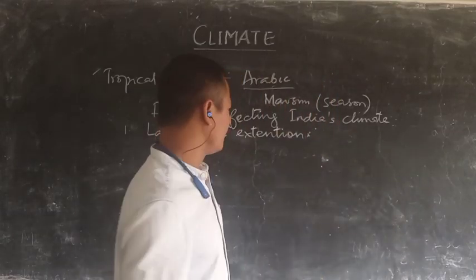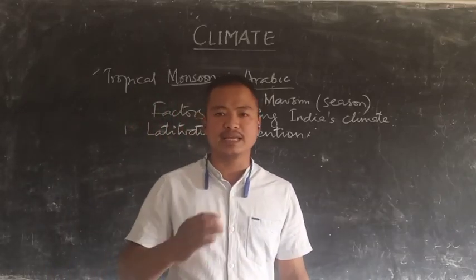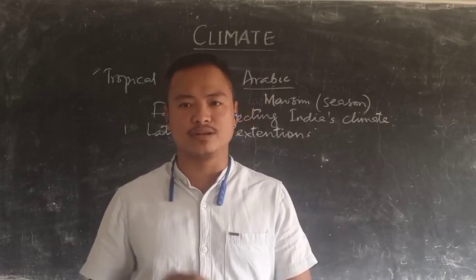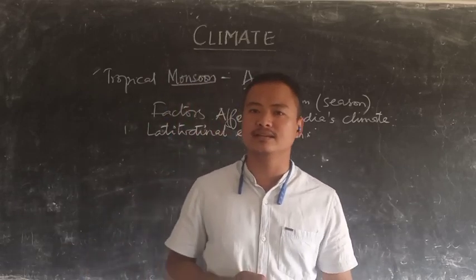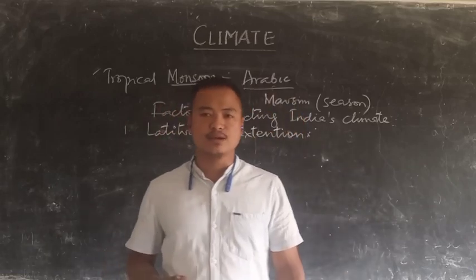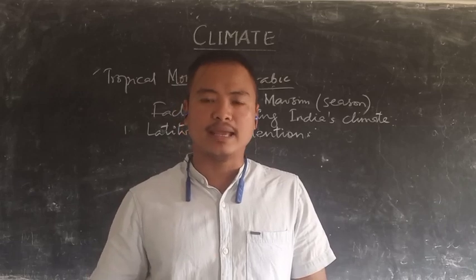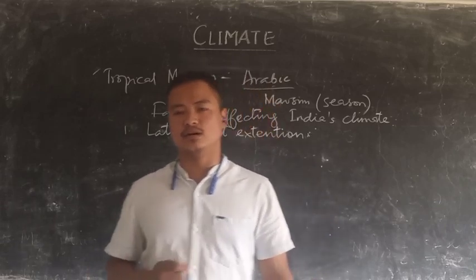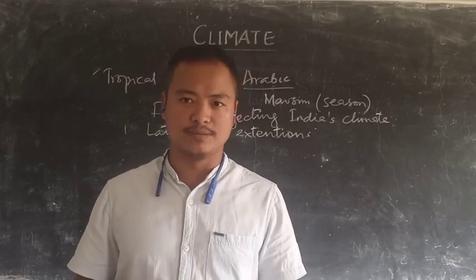On this note, we see that India's latitudinal extension begins at 6 degree 45 minute north at the southernmost point and extends until 37 degree 6 minute north. So that means the lowermost part is very close to the equator, and the northernmost part is almost 37.6 degrees away from the equator.